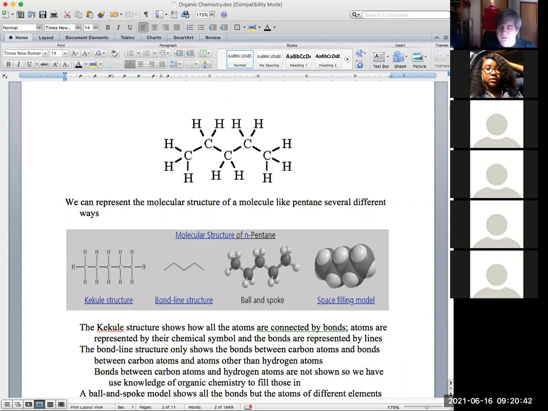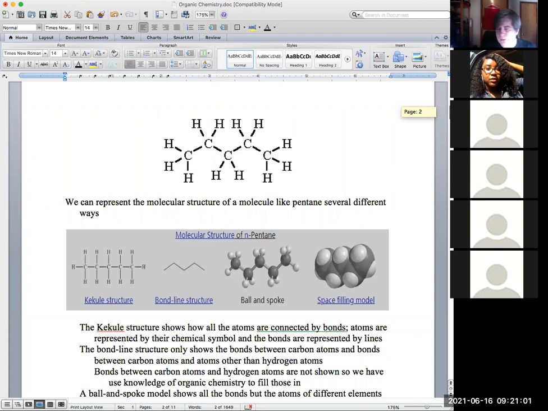So we have a lot of different ways that we can represent molecules. Most of the time in this class, we'll be using Kekule structures, but every once in a while, we'll look at one of the others when it's kind of advantageous in terms of what we're trying to talk about.